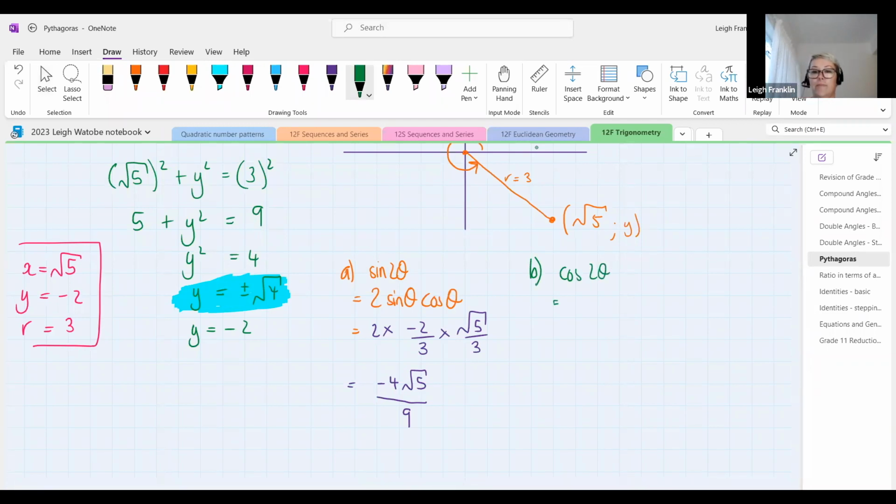Okay, I wrote B. Cos 2 theta is equal to 2 cos squared theta minus 1, equal to 2 open brackets √5/3 close brackets squared minus 1, is equal to 1/9.